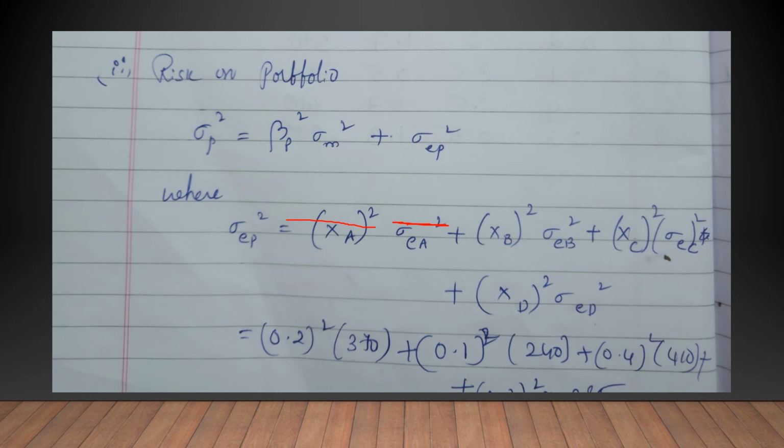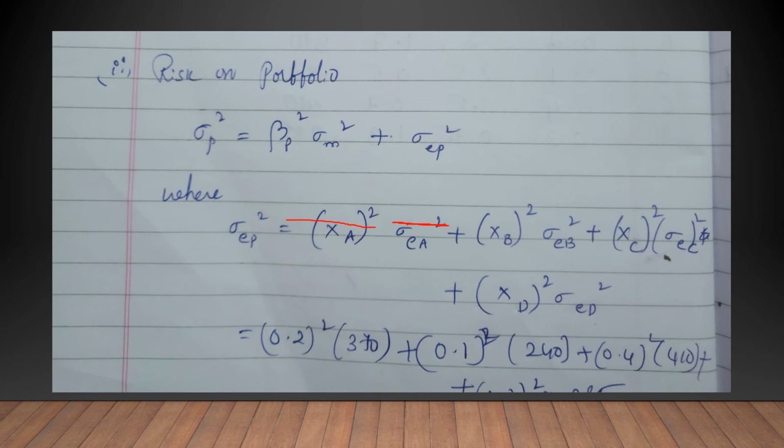Here you have to find out the unsystematic risk. How are you going to find it? As it is unique, or identical, for the organization, you have to take the weights. So weights of the individual securities into unsystematic risk.